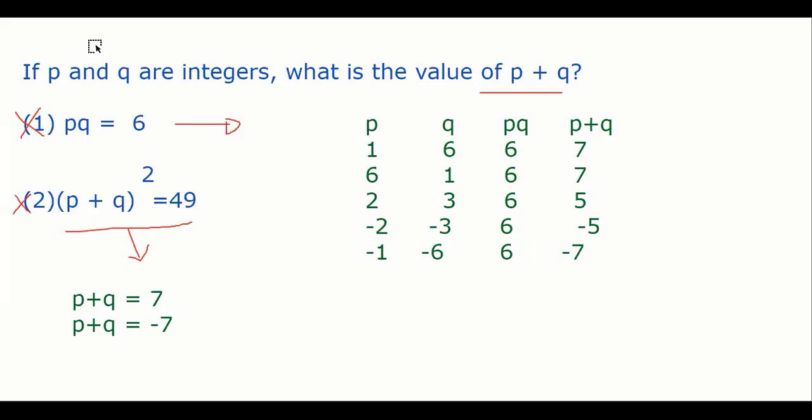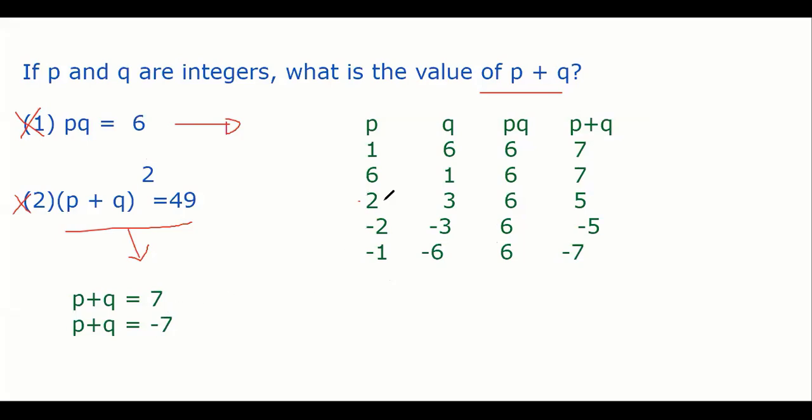Just by knowing both of these, we know PQ equal to 6. PQ equal to 6 is coming everywhere, right? We are still not able to answer, right? We only know PQ equal to 6. We know P plus Q whole square equal to 49.